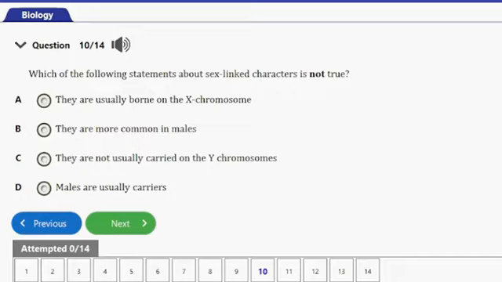So actually a carrier is an individual who has one copy of a recessive allele that causes a genetic disease in individuals that are homozygous for the allele. So like we said, males cannot be carriers of a sex-linked character.